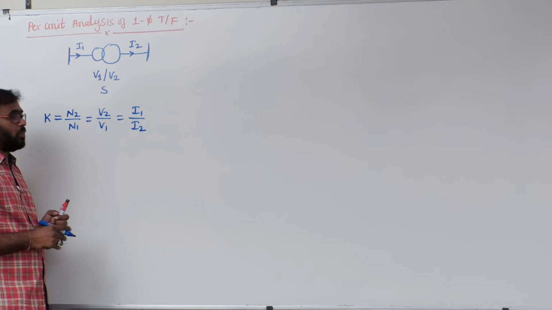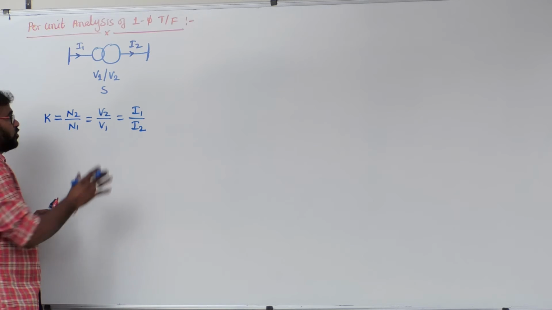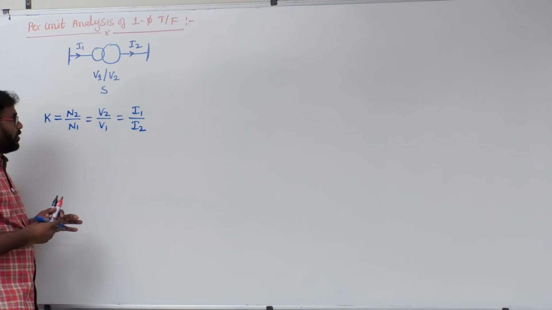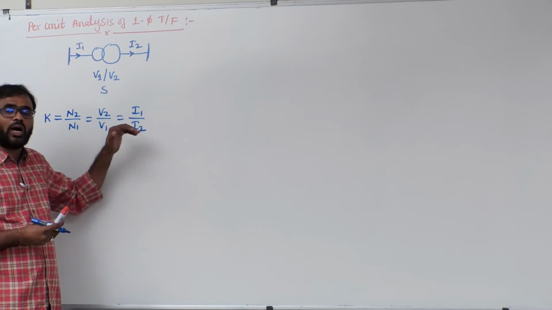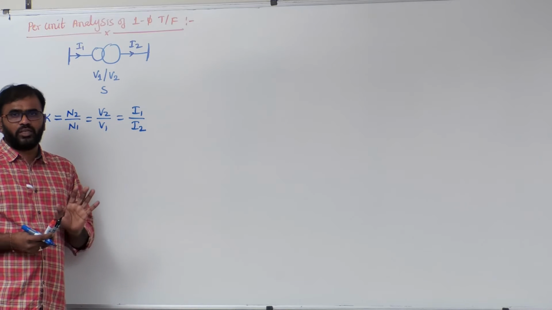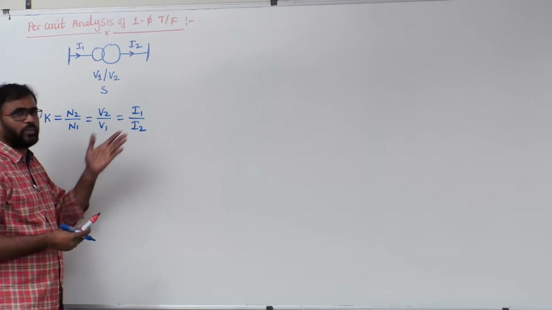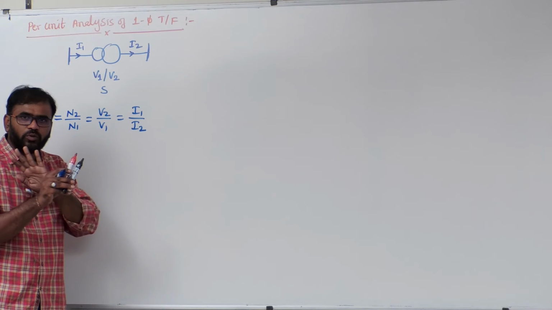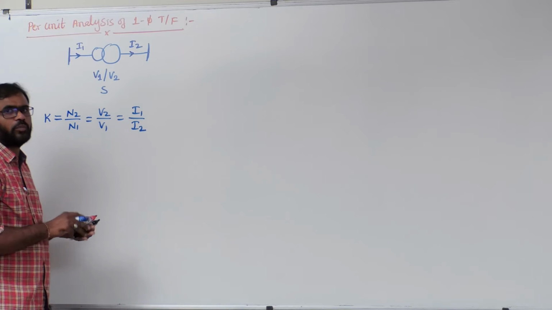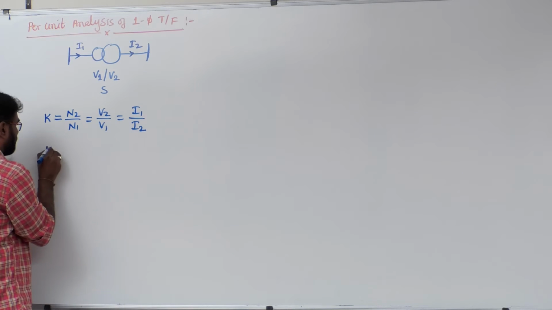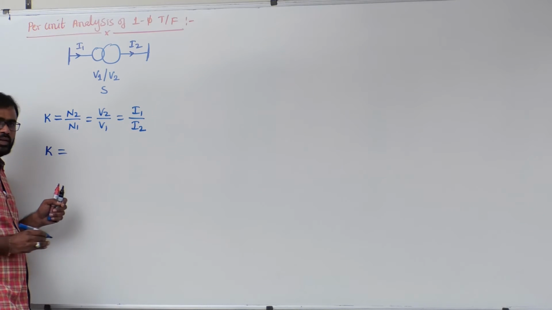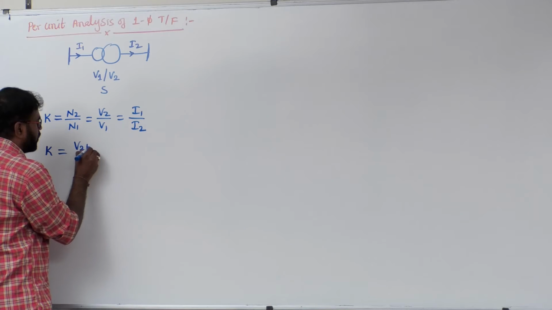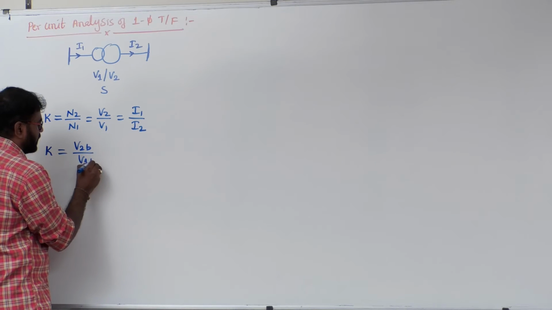But careful that the transformation ratio, whatever we define for actual quantities, is also valid for base quantities. The only difference is actual quantities may have a phase angle, but base quantities will never have a phase angle. That means only magnitudes. So my point is, K equals V2 base by V1 base.